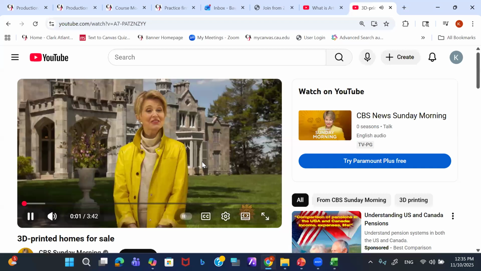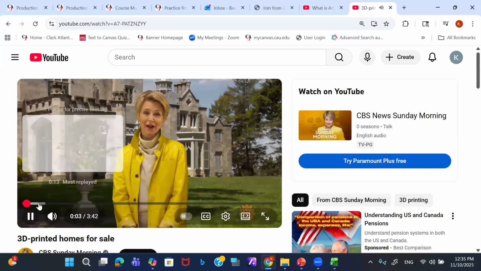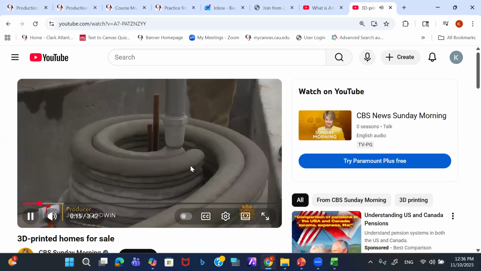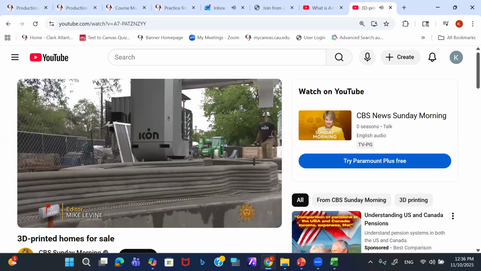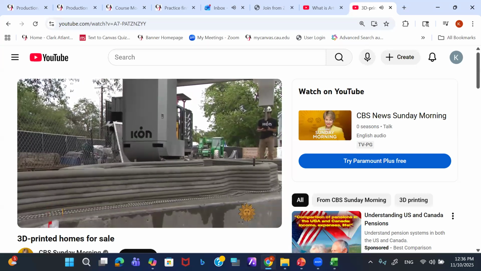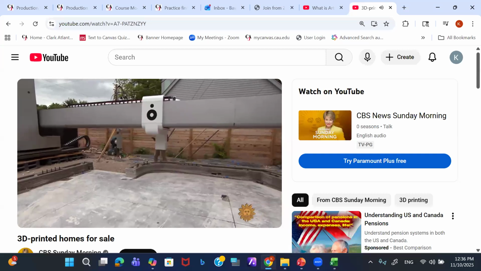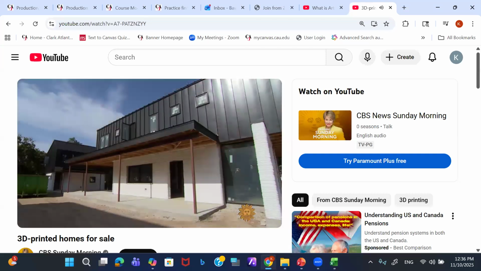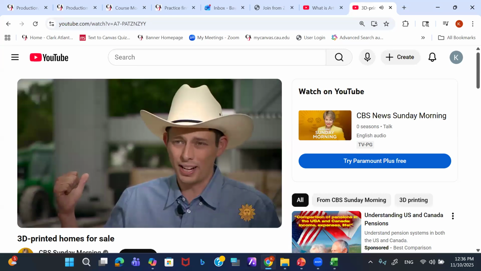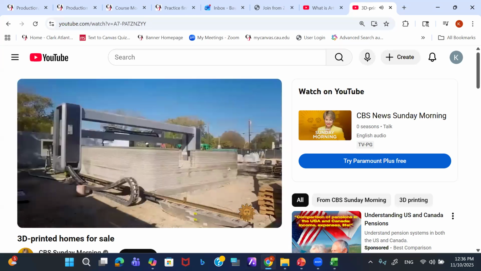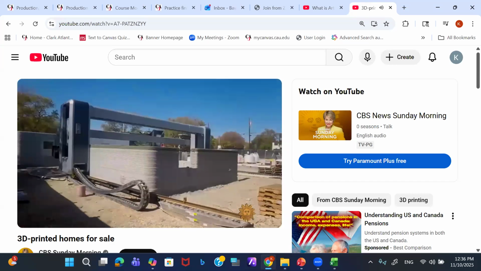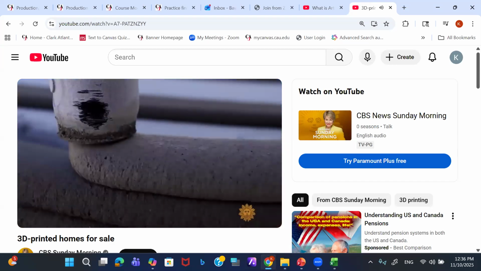Look, it's old. See, it's a robot, it's 3D printed. Yeah, I know it's in Texas. Yeah, they are building homes.